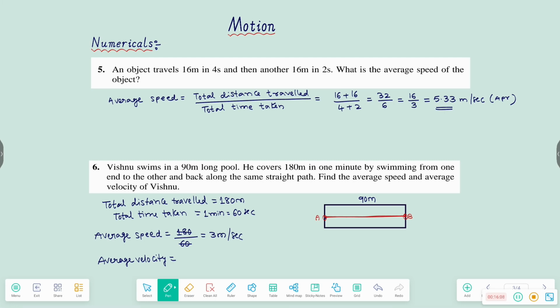He is going from A to B and again coming from B to A. The initial point and final point are both the same. So total displacement is 0, because he reaches A, coming back to A. So total displacement is 0 and total time taken is 60. So 0 by 60 is 0 meters per second. This is the average velocity, and that was the average speed. Hope you understood these solutions.